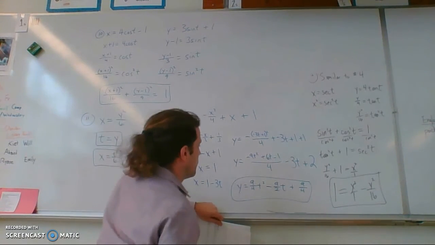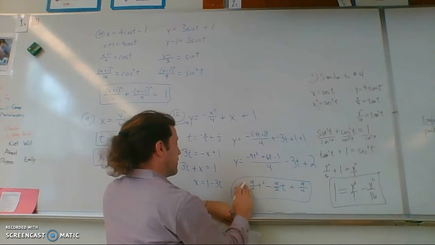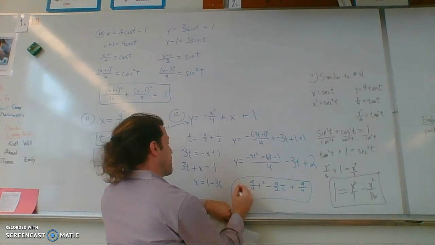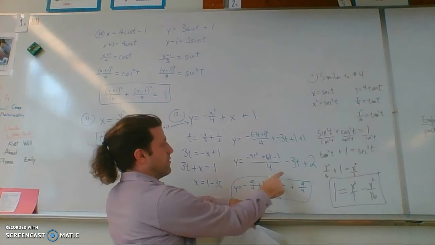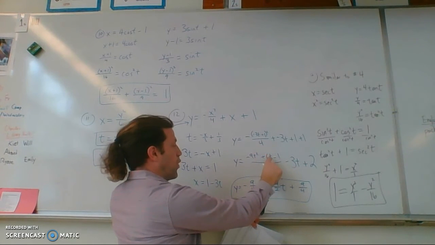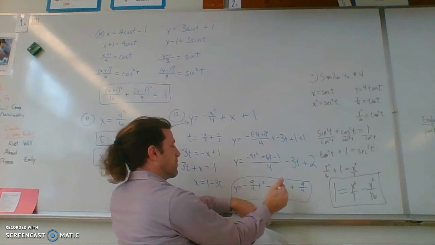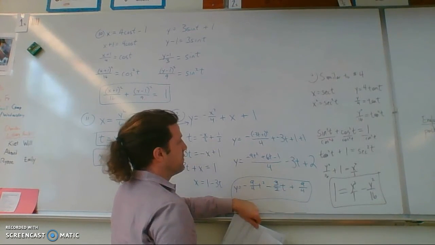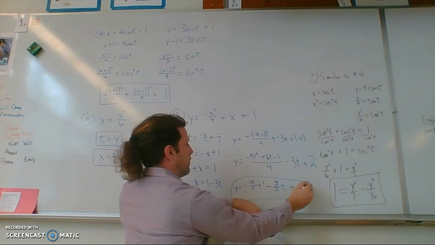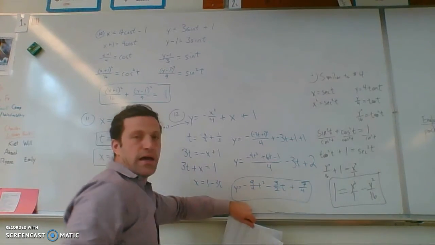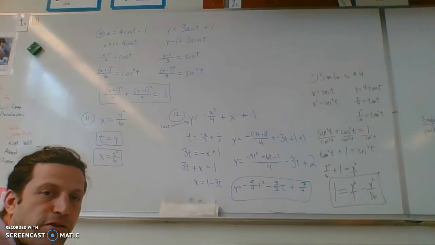So then this becomes negative 9/4 t squared. And then this is negative 3 plus 1.5. So it's negative 1.5, negative 3/2 t. And this is positive 2 minus 1/4. So it's plus 7/4. So that is what the answer in the back of the book says.